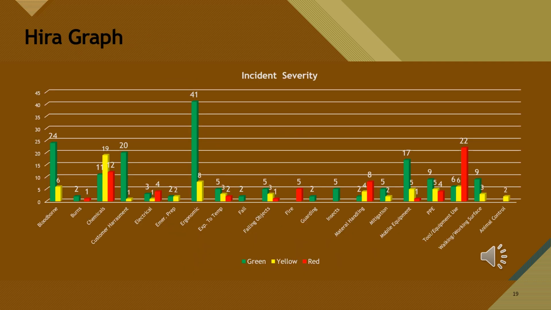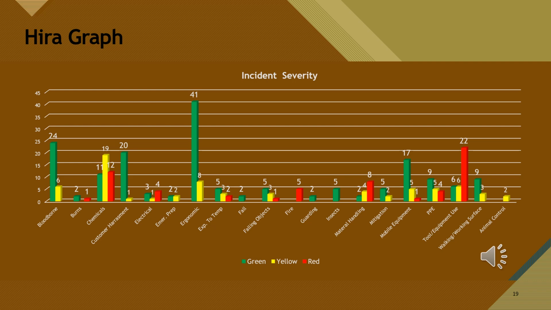Moving on to the hierochart. The hierochart shows you the severity and probability levels of each incident, with green being negligible, yellow being tolerable, and red being intolerable.